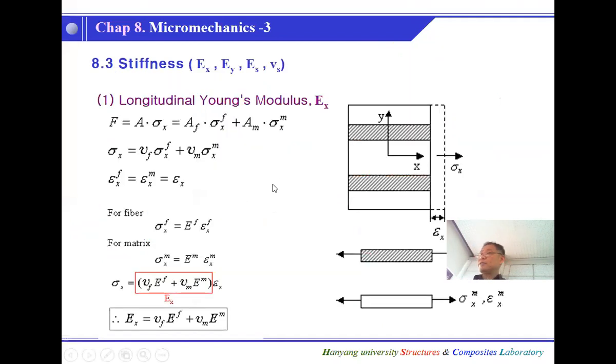Now the ply stiffness or composite stiffness, the longitudinal Young's modulus Ex. Well, in your Excel, the database starts with these ply properties. Longitudinal Young's modulus Ex. For this one we assume a very simple fiber arrangement.